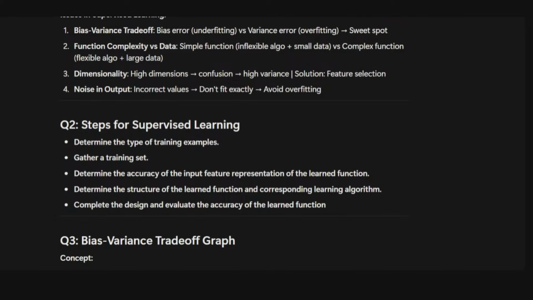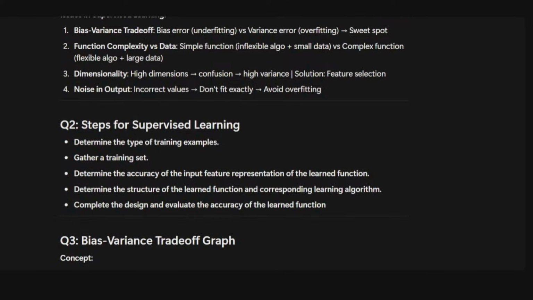Just make up your mind about it, after which you will gather that particular training set, take the data set, and then determine the input feature representation of your learned function, ensuring it is accurate and provides what you wanted. After that, you determine the structure of your learned function and the algorithm that you are going to use, let it be logistic regression, SVMs, whatever works with your supervised learning algorithms.